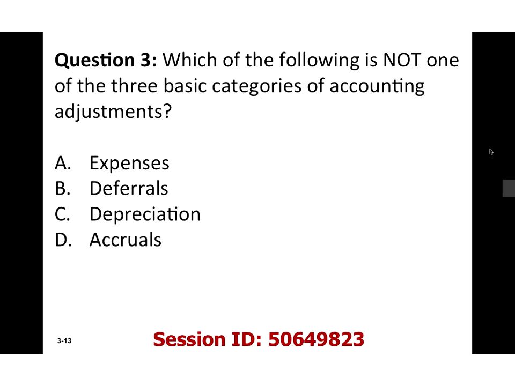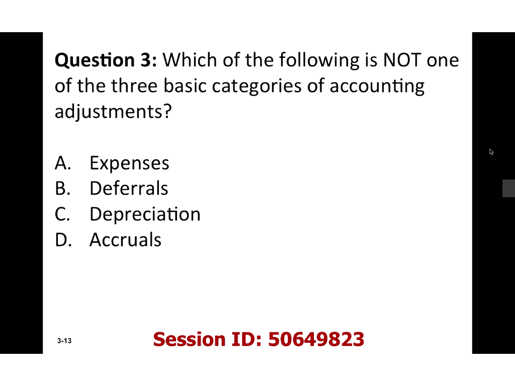Okay, so we have a question. I've got several answers already. Good. Which of the following is not one of the three basic categories of accounting adjustments? Remember, it says that slide, write this down. Okay? So which of the following is not one of the three basic categories of accounting adjustments? Expenses, deferrals, depreciation, or accruals.